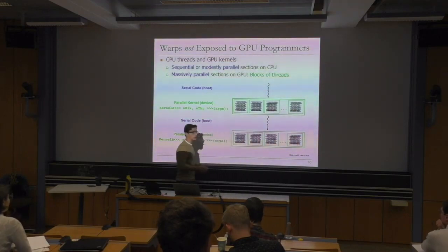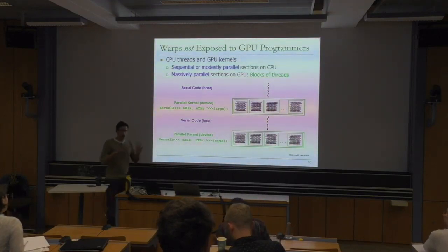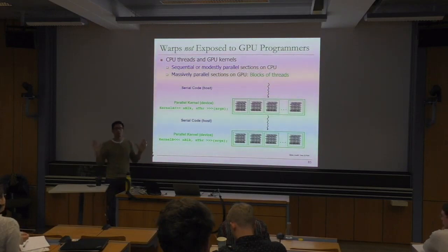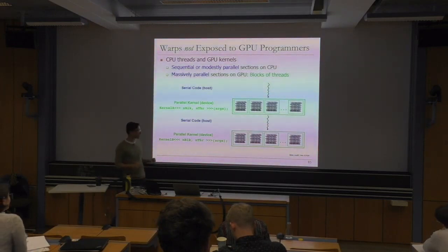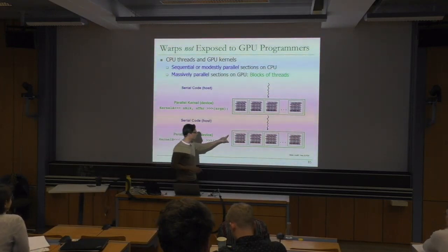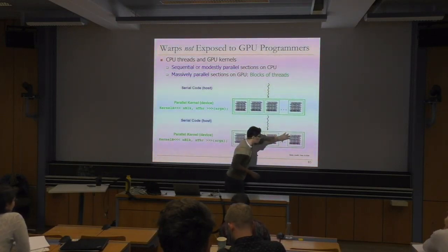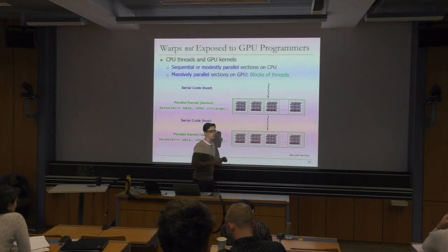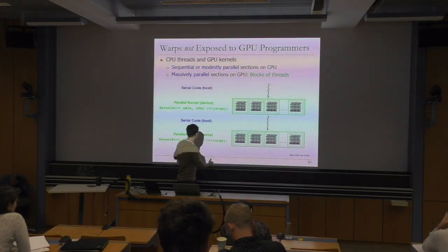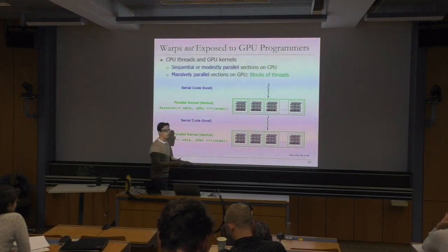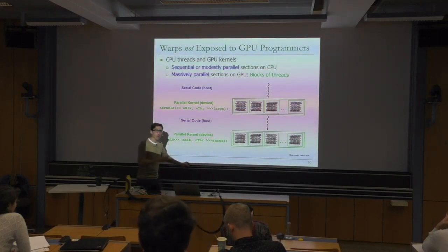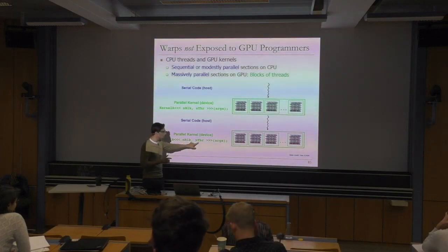And the way that these threads are organized from the software perspective, from the programmer's perspective, is in blocks. You see? So these are blocks of threads. In total we might have 400 threads, but what we are launching here is, for example, 4 blocks of 100 threads each, right?